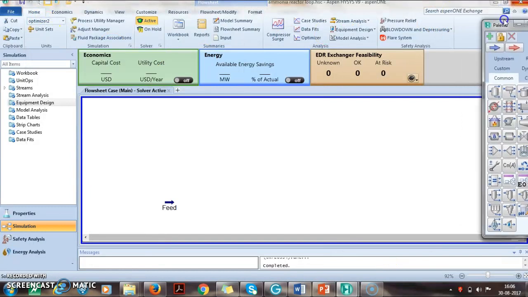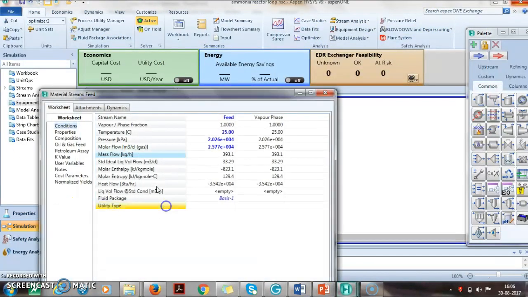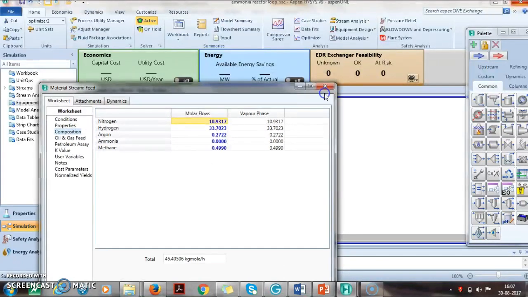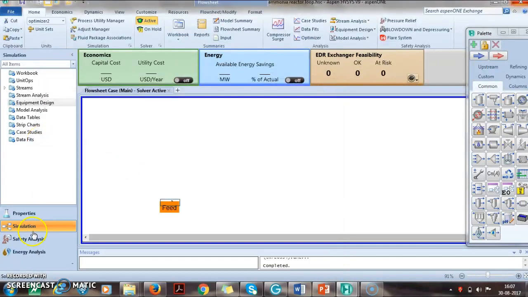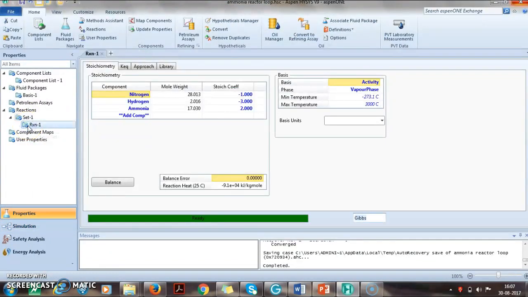Now see, we have already generated the compounds, and the feed, according to the requirement, has already been added. The compositions are also as per the given data. If you go to properties and reaction, the reaction is already added, where nitrogen, hydrogen, and ammonia are added.